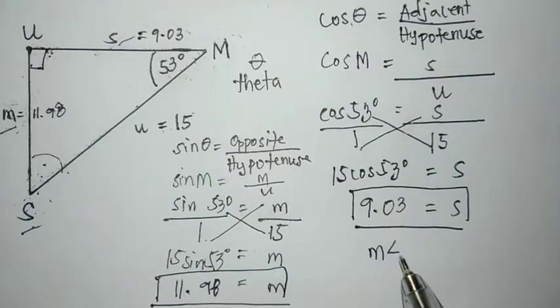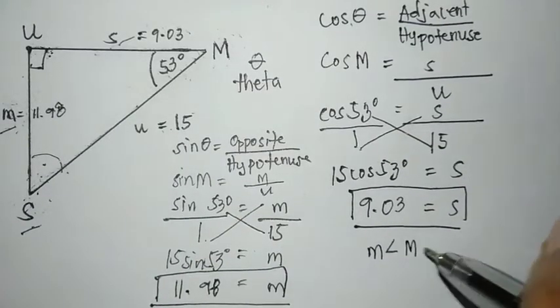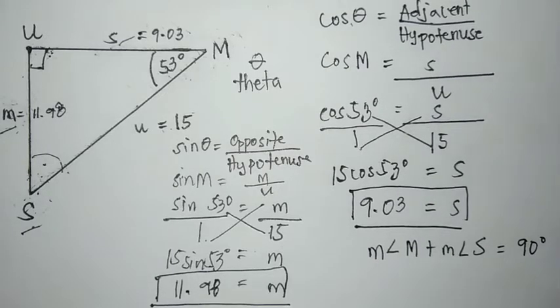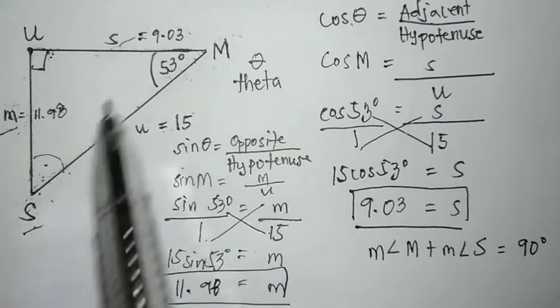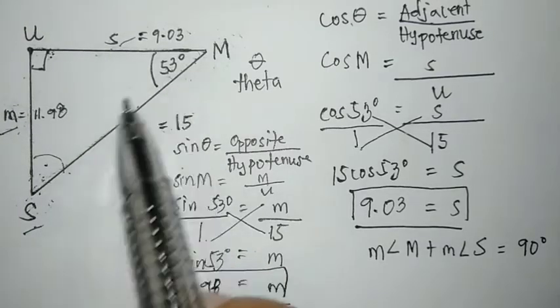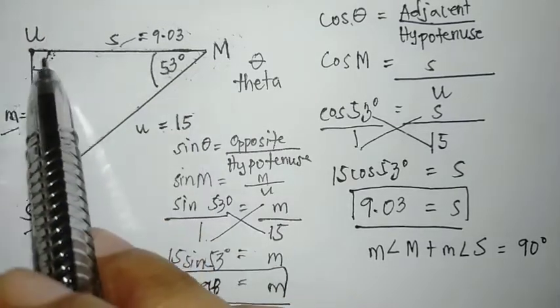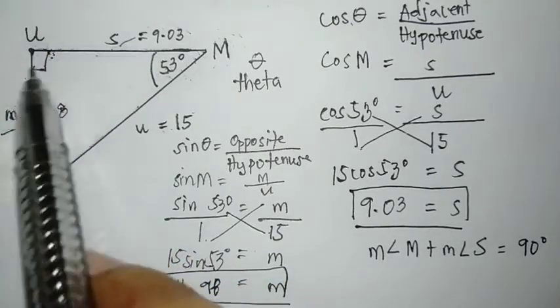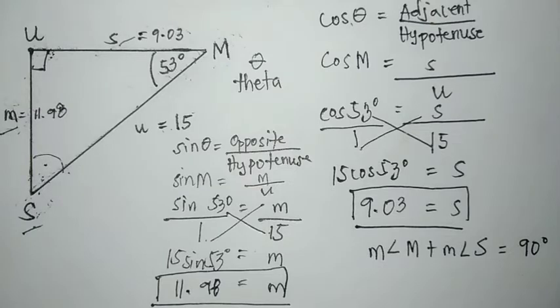In order for us to find angle S, we have measurement of angle M plus measurement of angle S is equal to 90 degrees. Kapag pinagsama mo yung measurement ng dalawang to, that is equal to 90 degrees. Hindi na natin papakialaman itong si angle U, kasi siya ay right angle na, 90 degrees na siya.